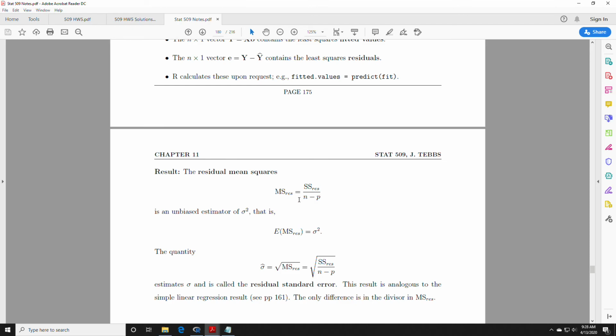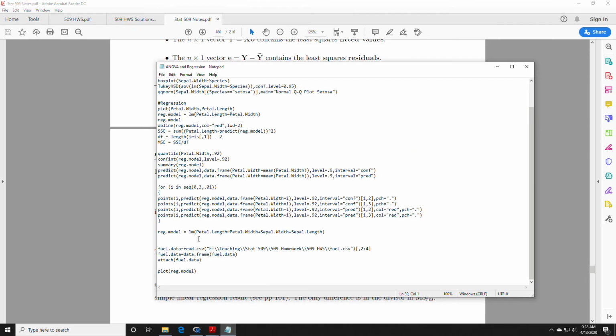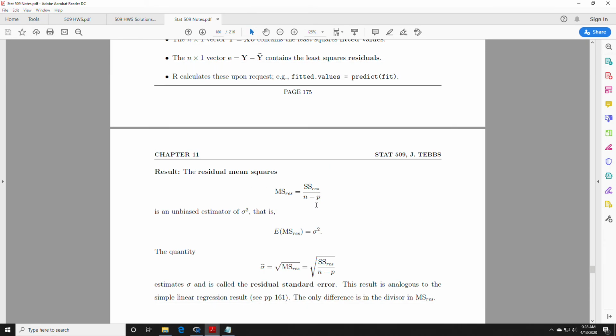Before, if you recall, we had just n minus 2 as the degrees of freedom, right? But I said 2 specifically was the number of parameters for simple linear regression. That's just beta naught plus beta 1. In general, it's n minus p, where p is the number of parameters. So, for example, if we had two predictor variables, then we would have beta naught, beta 1, and beta 2, so p would be 3.